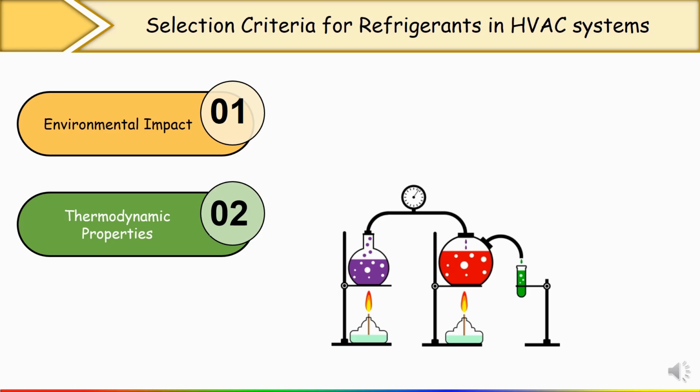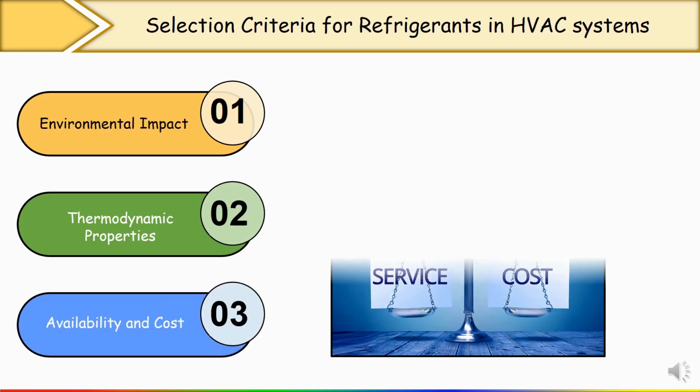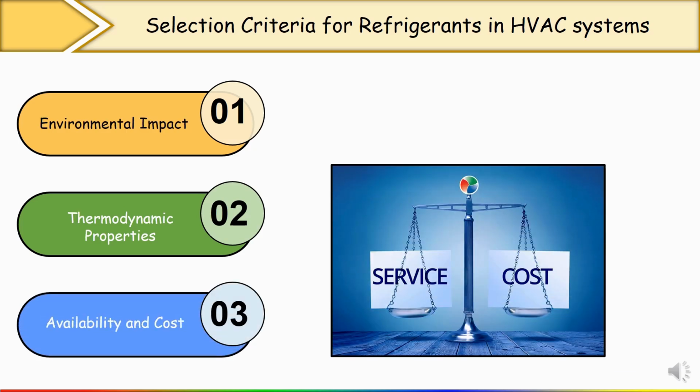The third point is availability and cost. First of all, you have to assess the availability of the refrigerant in the local market, because some refrigerants may be phased out or limited due to environmental regulation. Also evaluate the initial cost of the refrigerant along with potential future costs related to environmental regulation, maintenance and disposal.